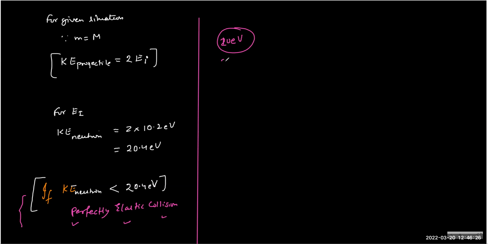Even if I say 20.3, or 20.98, it is perfectly elastic. In solving numericals, we know that some numbers in the second decimal place may change slightly, but that's okay. We can equate. So the whole idea is this.